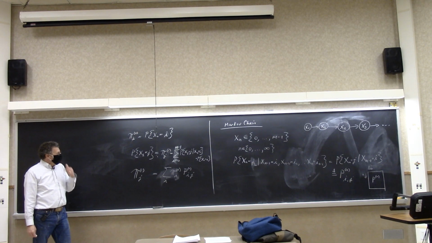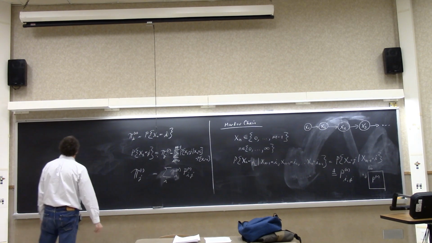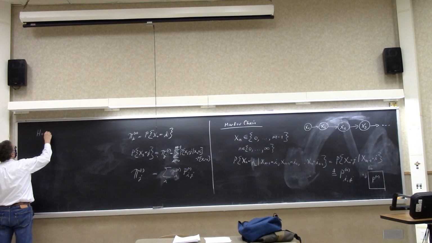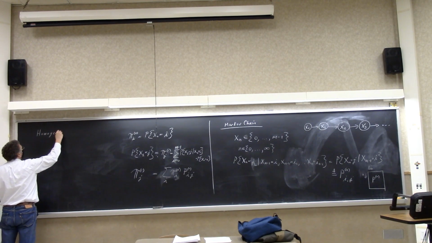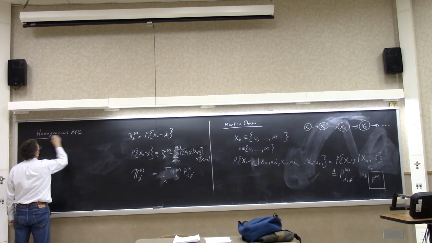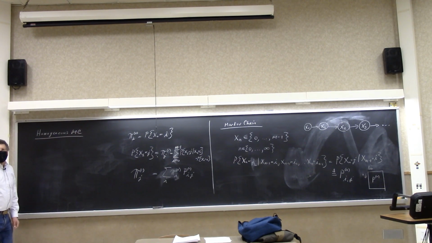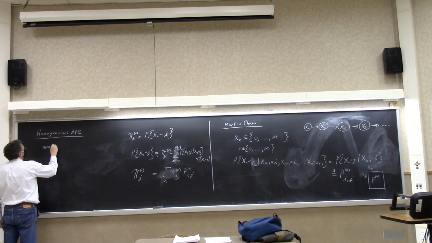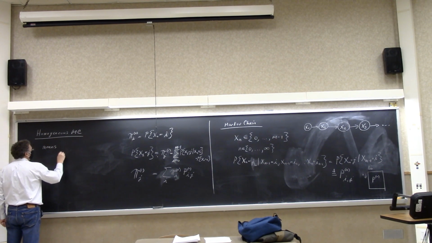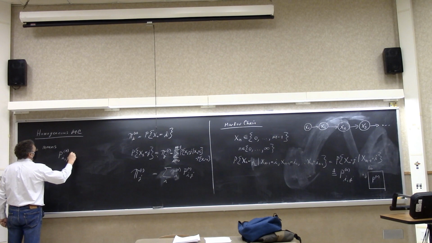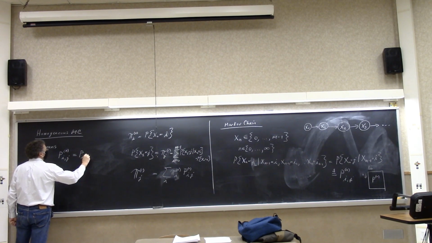Now, we say that a homogeneous Markov chain, okay, what does that mean? Homogeneous means that Pn ij equals Pij.